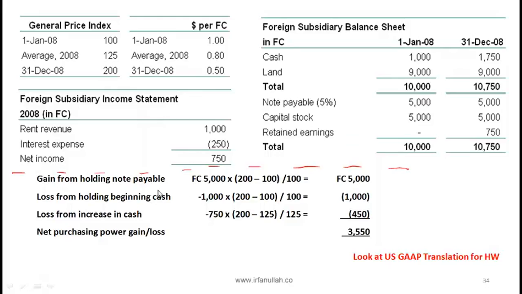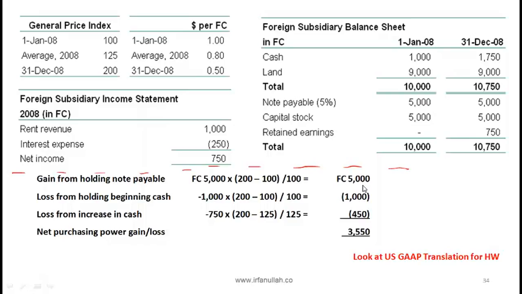What is the gain from holding the notes payable? So you had a payable of 5000 before inflation. Now the way this works is, to calculate the gain from notes payable, you look at the change in price level divided by the original price level. So that will give you the gain from holding notes payable. The way you can look at it very simplistically is as follows.